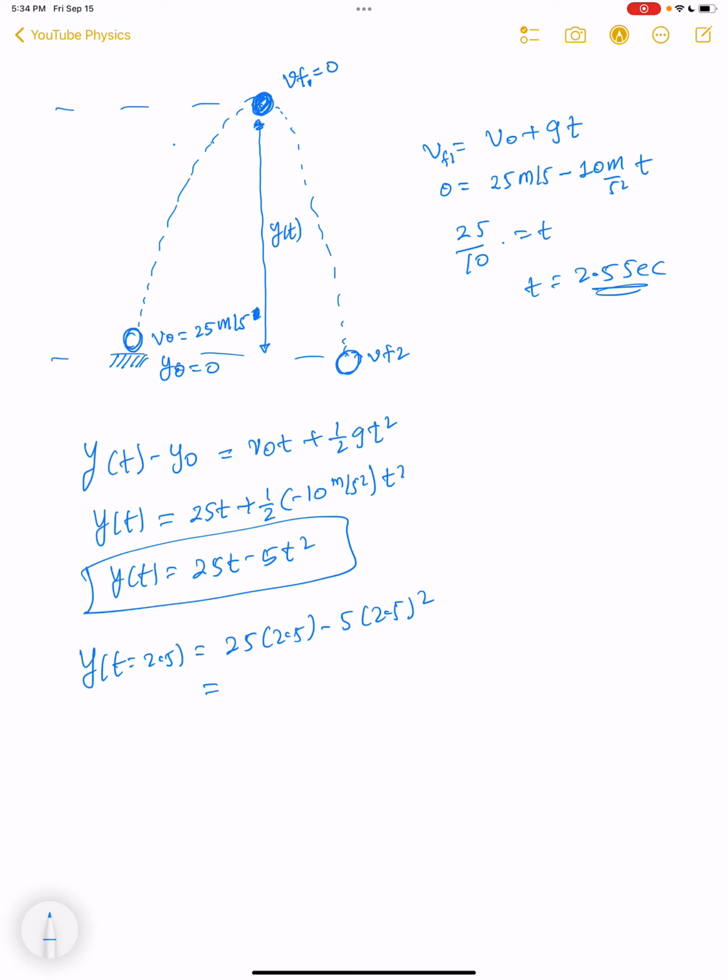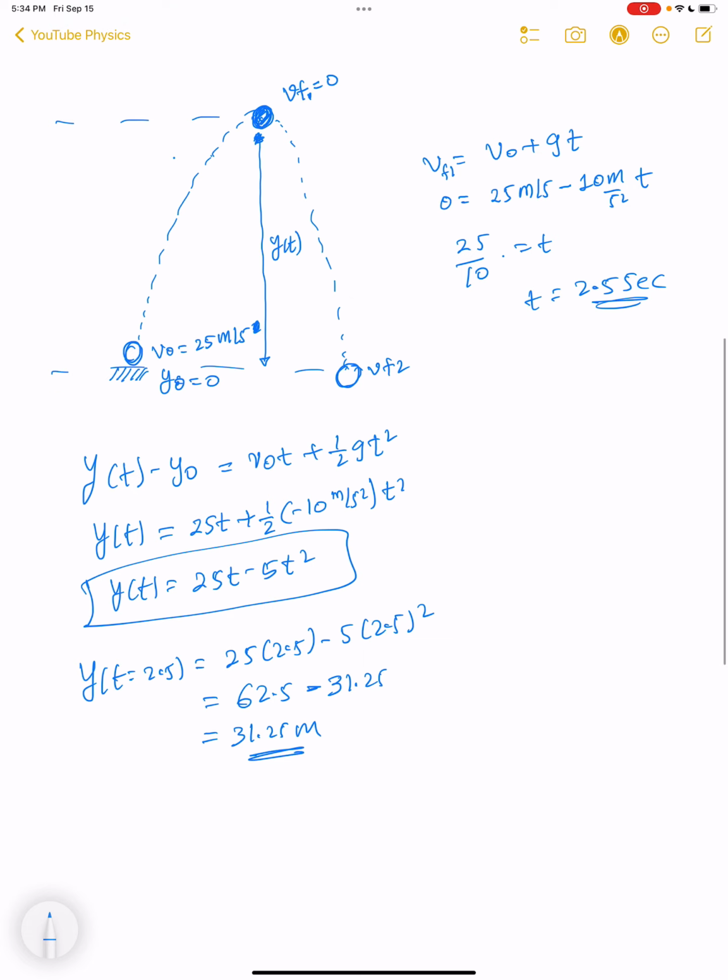This will be 62.5 minus 2.5 squared times 5, which is 31.25. If you subtract this, you will get 31.25 meters. So it will have traveled this high with this initial velocity.